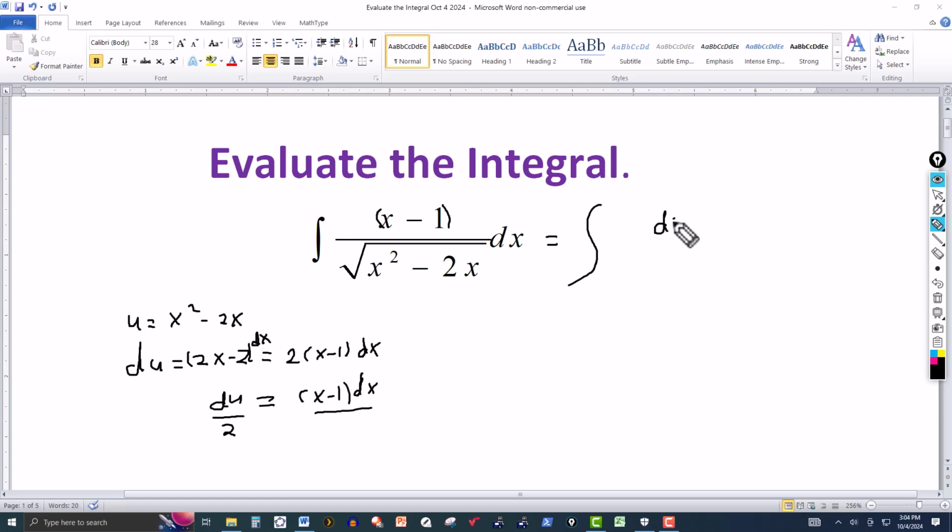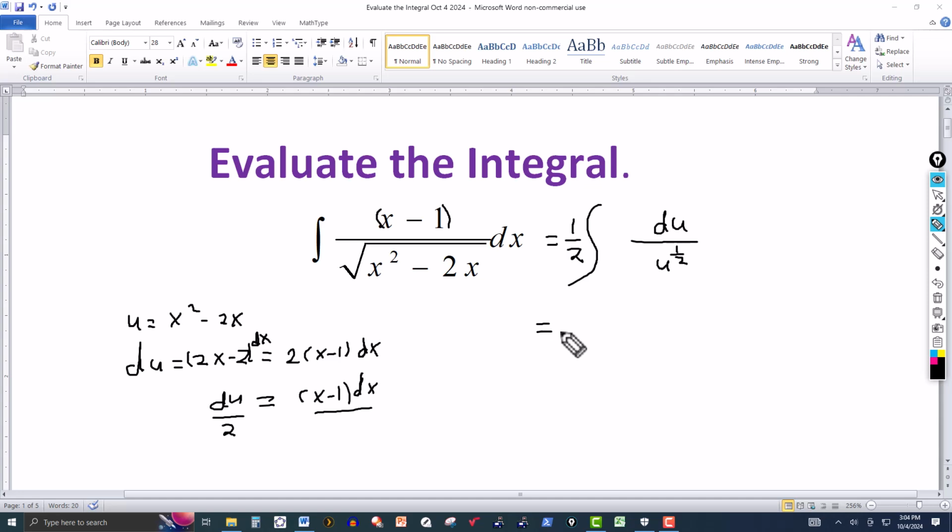So I'll put the du there. Instead of putting over 2 here, that's just multiplied by 1/2, so I can factor out a 1/2 here. And then the denominator, x squared minus 2x, that's your u. So that's the square root of u. I'm going to write that as u to the 1/2.